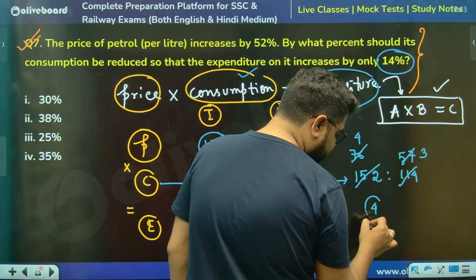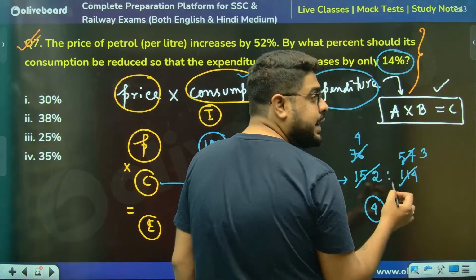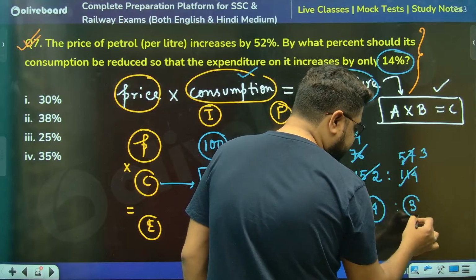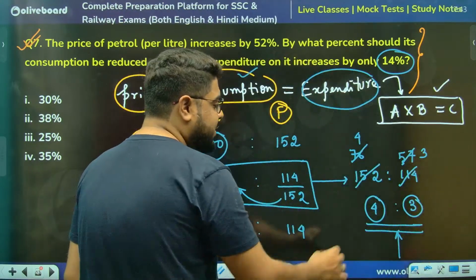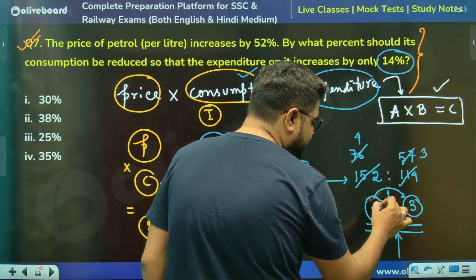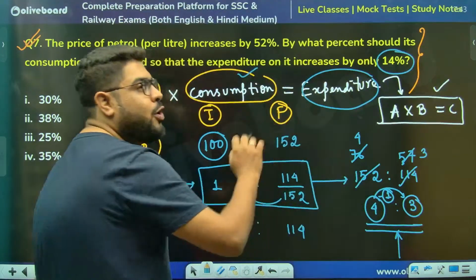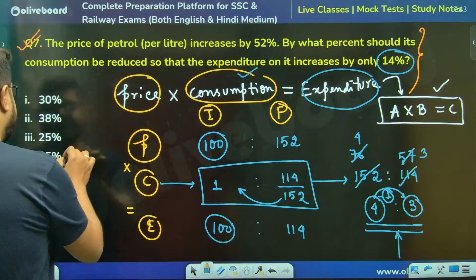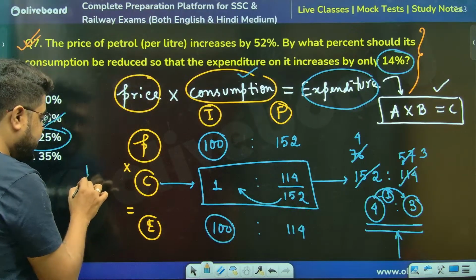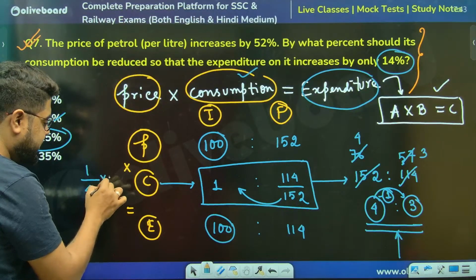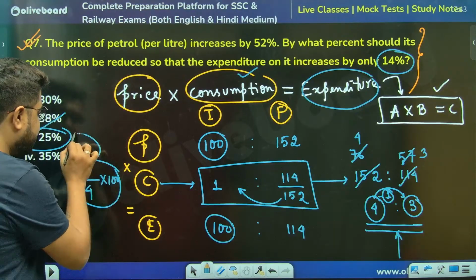If 4 liters was my consumption, now I am using 3 liters. How much is the reduction? 1 liter reduction out of 4 liters. So percentage is into 100, that is 25%. You don't need to do anything else.